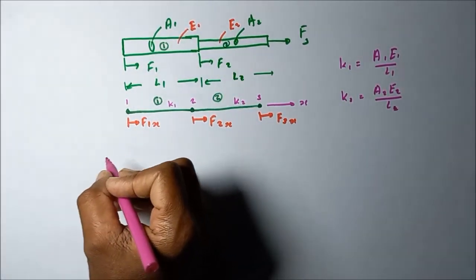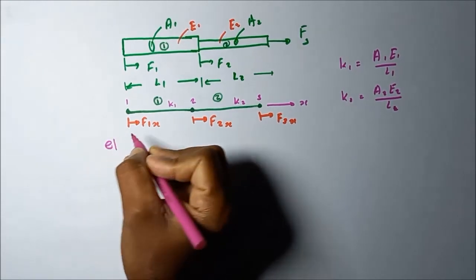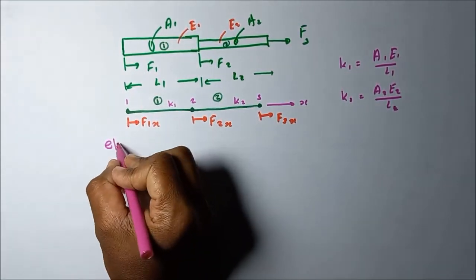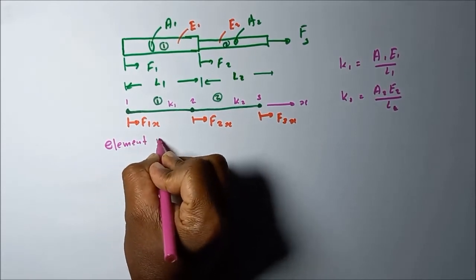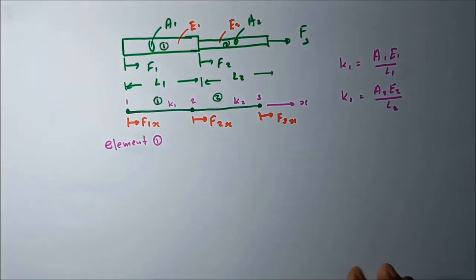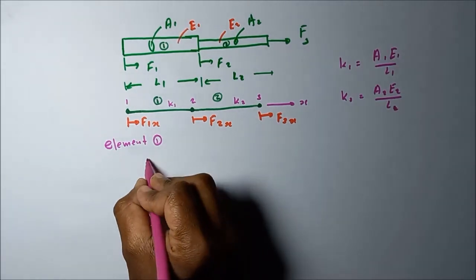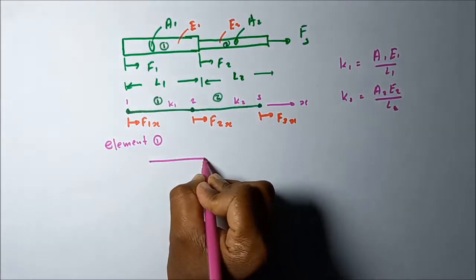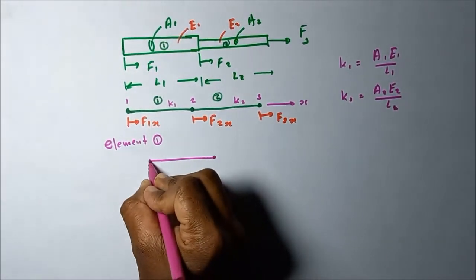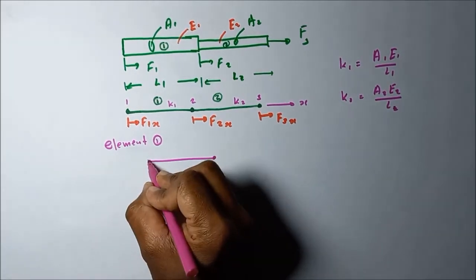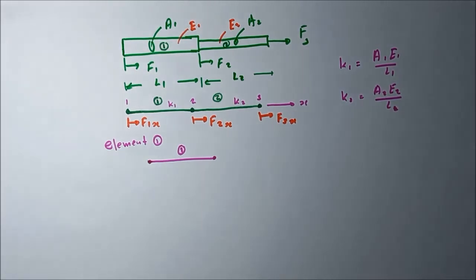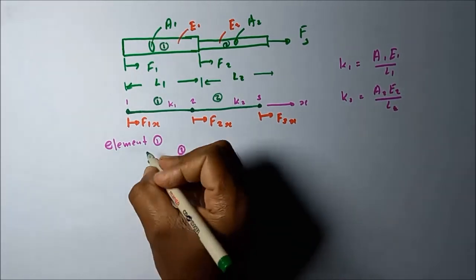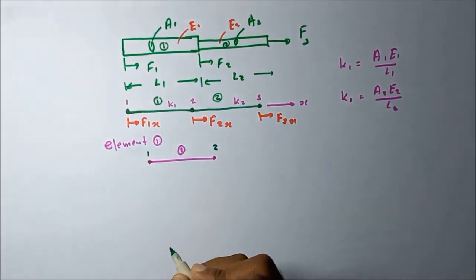This is called a two element model. Taking element 1, I am going to draw the free body diagram for element 1. If you take element 1 separately, what are the forces acting on it? This is element 1, with node 1 and node 2.